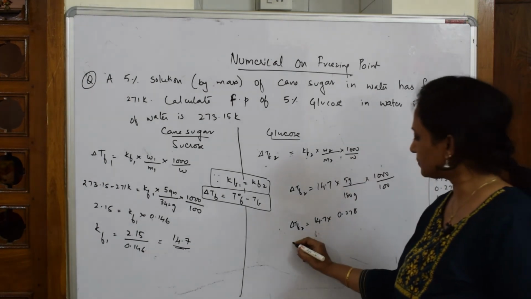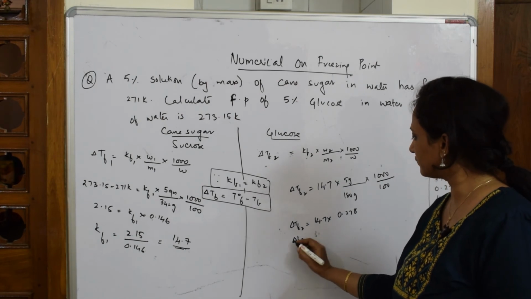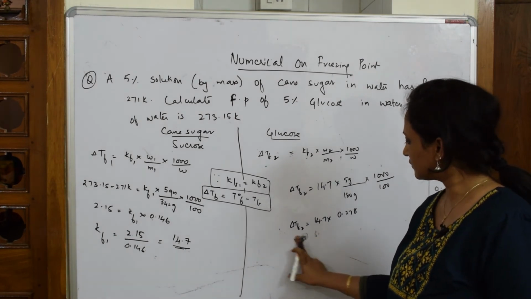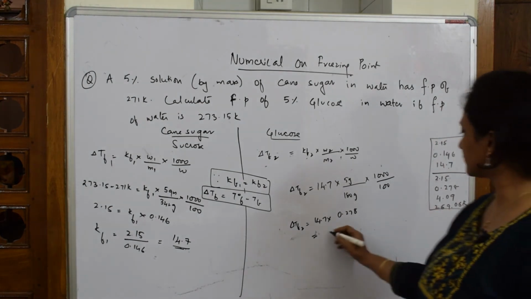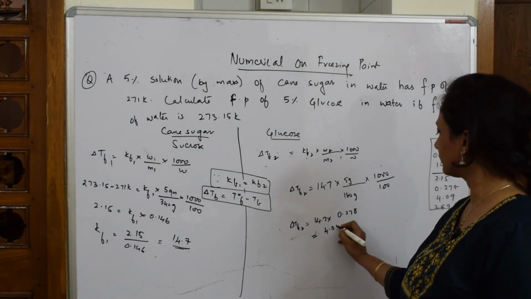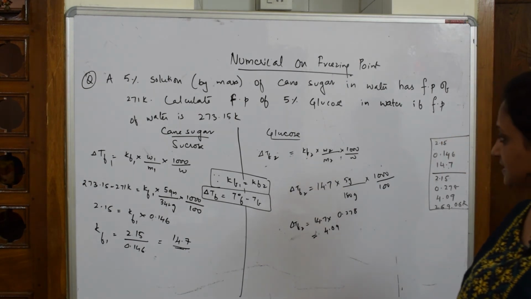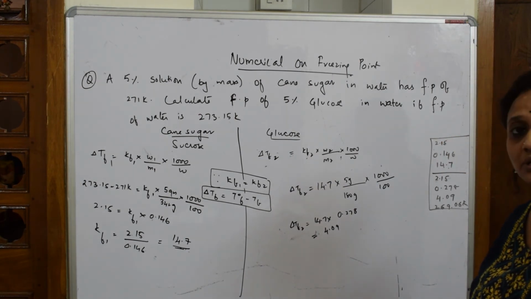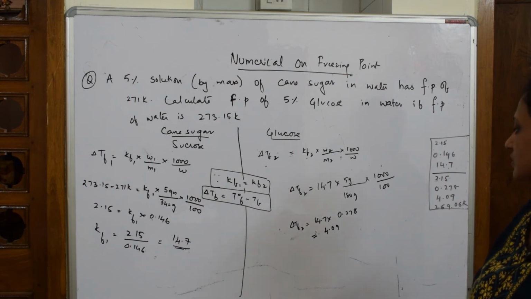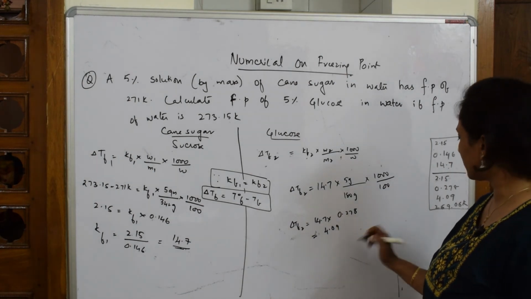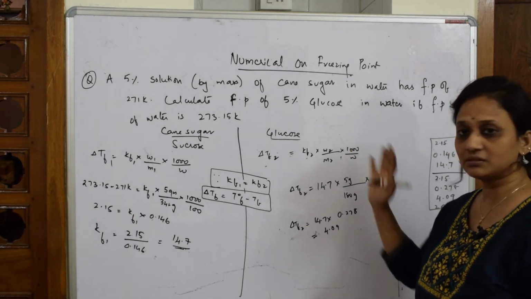Now I further multiply this and get delta TF2 equal to 4.09. I still haven't found the final answer. Did we make any mistake? No, it is correct. I have to find the final thing.